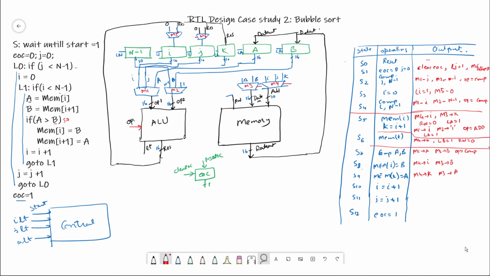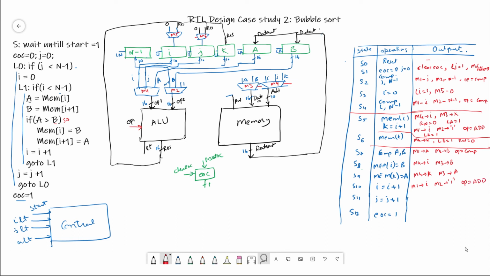Okay, the next is the S10 state. In the S10 state, we are going to perform an add operation. The M1 multiplexer will select the I signal, the M2 multiplexer will select 1, and the operation is going to be add.